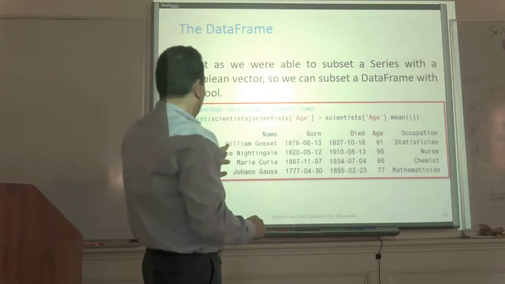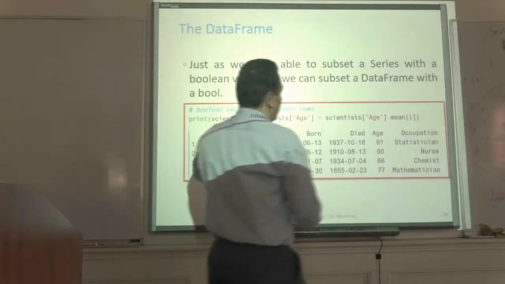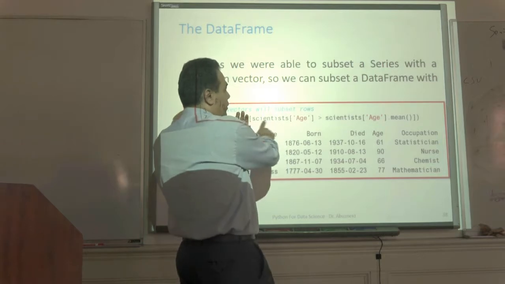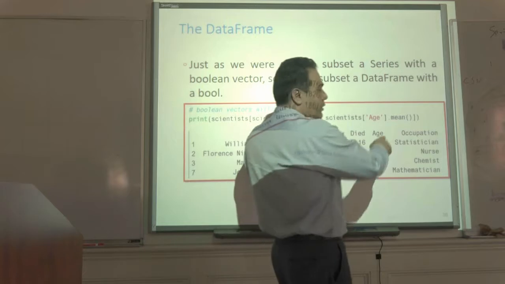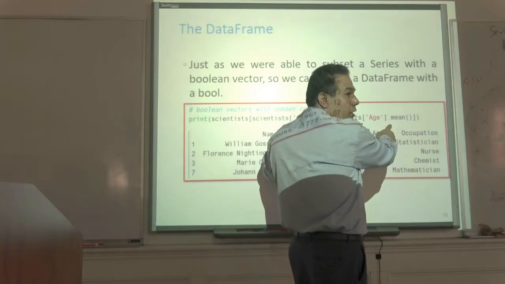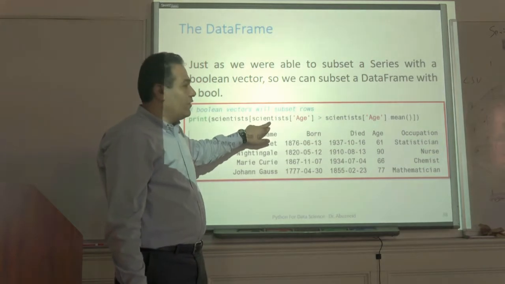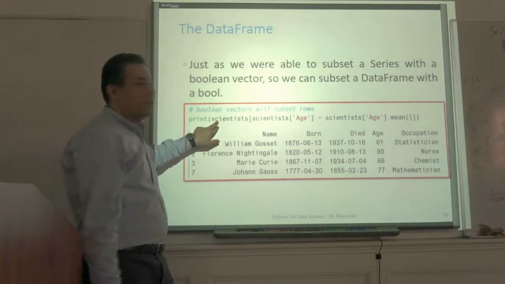So in here, we're going to calculate two values, two vectors. The first vector is the age of the scientists, and the second one is a scalar value, which is the mean. If the age in that vector is greater than the mean, print it.